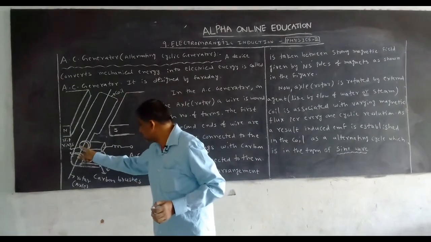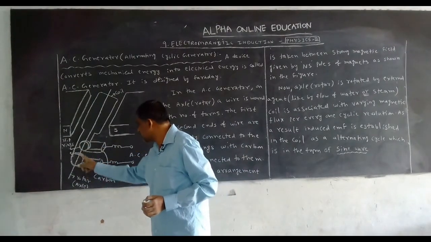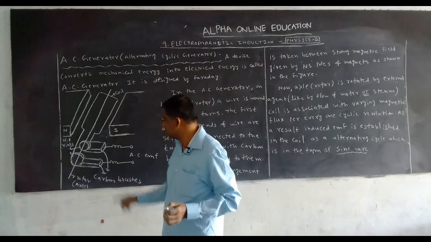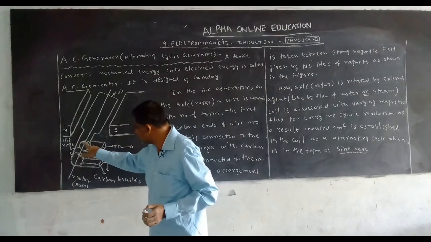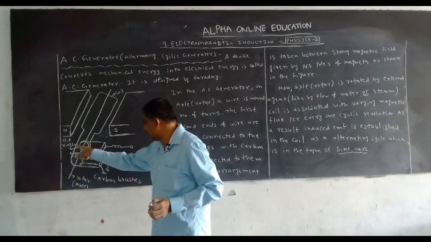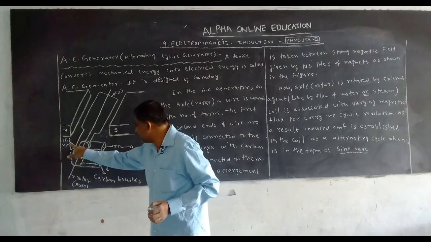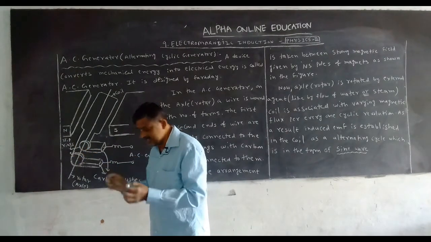This is one ring, this is another ring. The first end of the wire and the second end of the wire are separately connected to the slip rings. This is one slip ring, this is another slip ring.